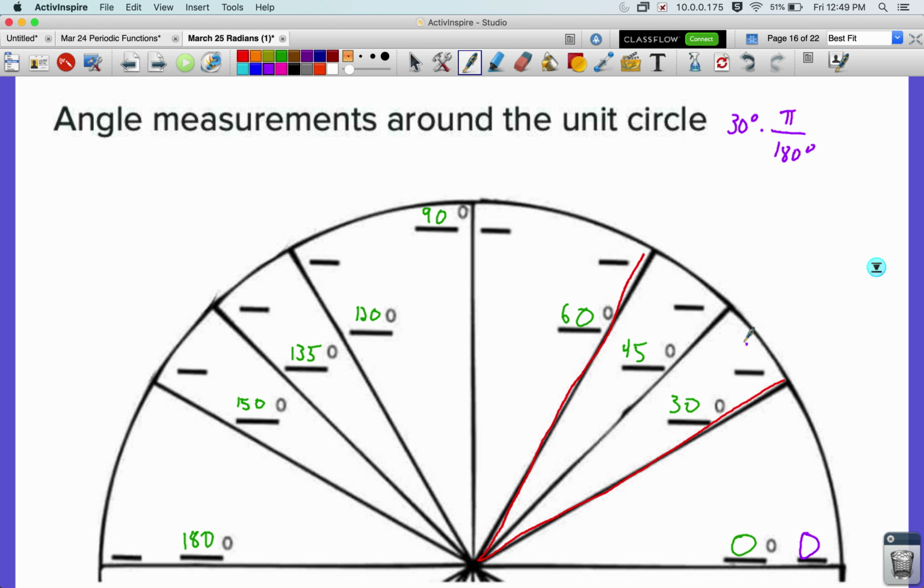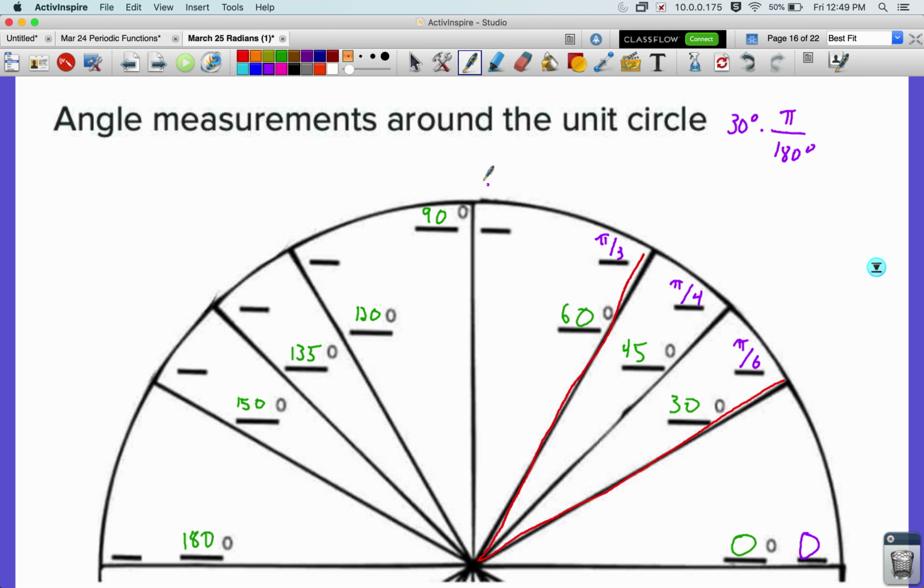We simplify that down. 30 goes into 180 6 times, so this is pi over 6 radians. All right. This one here, 45 times pi over 180 degrees. I'll save you the trouble. That's pi over 4 radians. And this one here, the 60 is a third of 180, so this is pi over 3 radians.